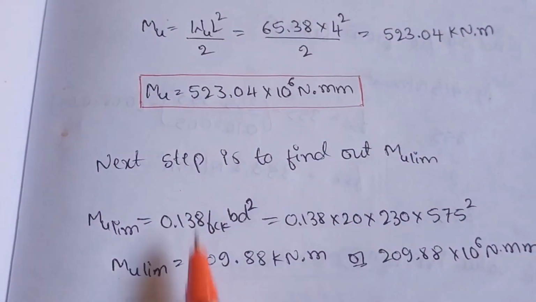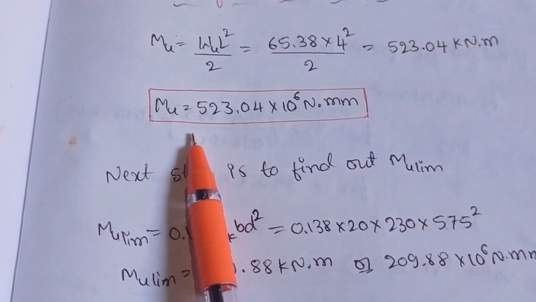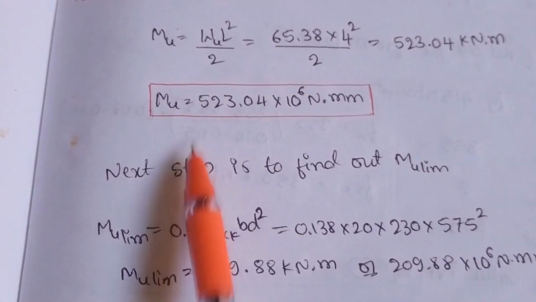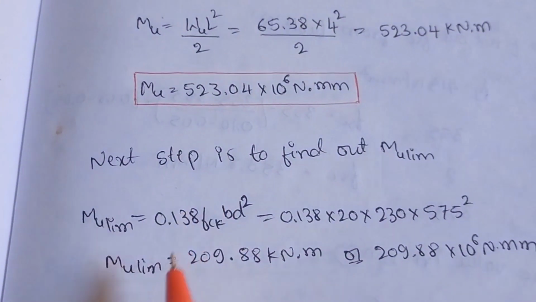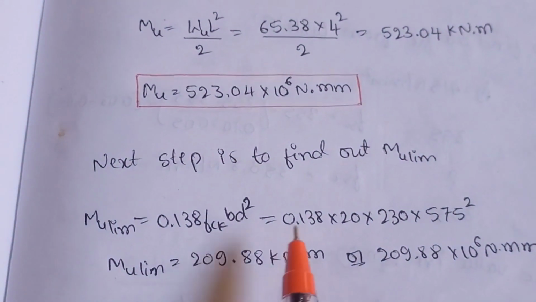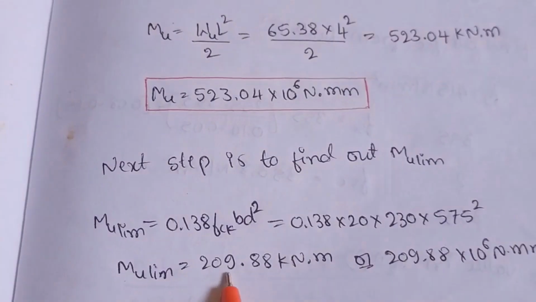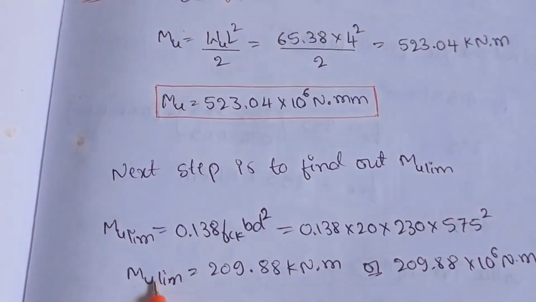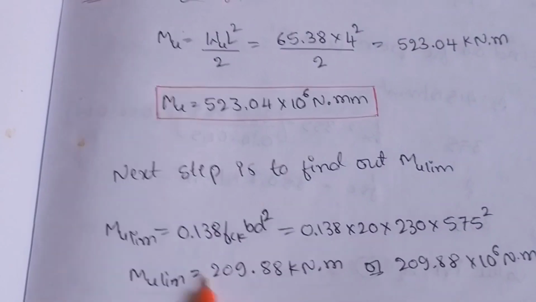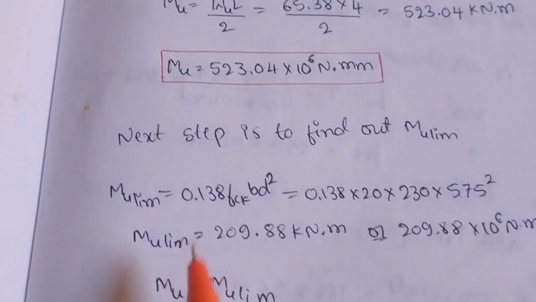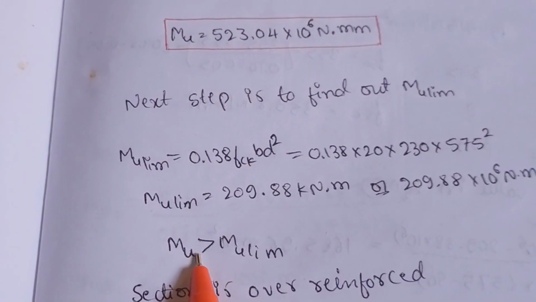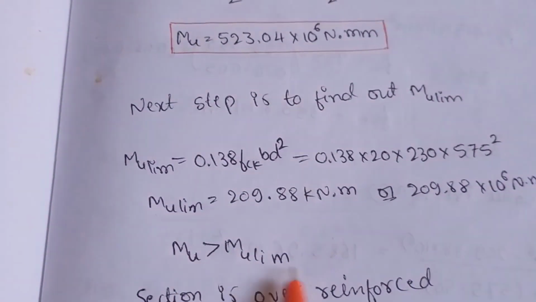So this is how we calculate the Mu limit and Mu. From these two, it clearly says our Mu limit value is less than our Mu value. So when our Mu limit is less than Mu, our Mu is greater than Mu limit.